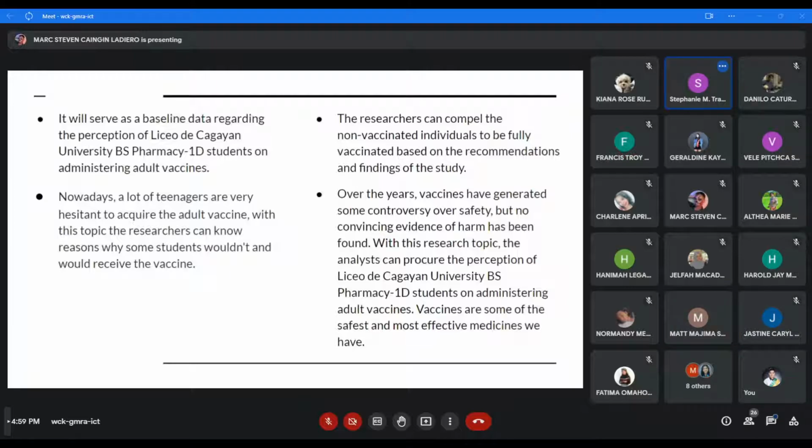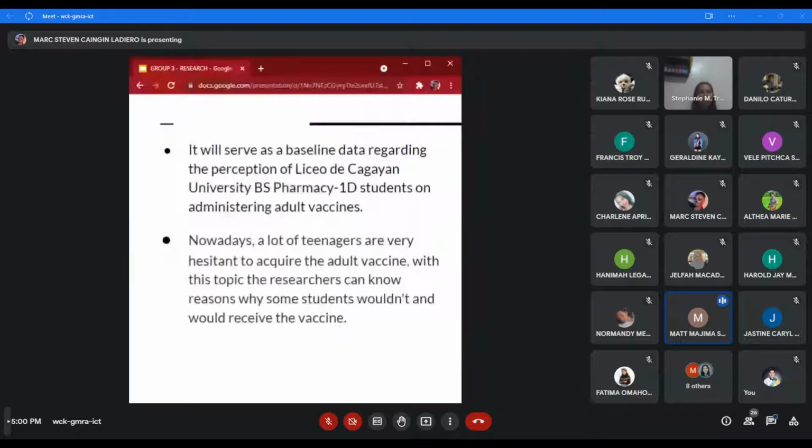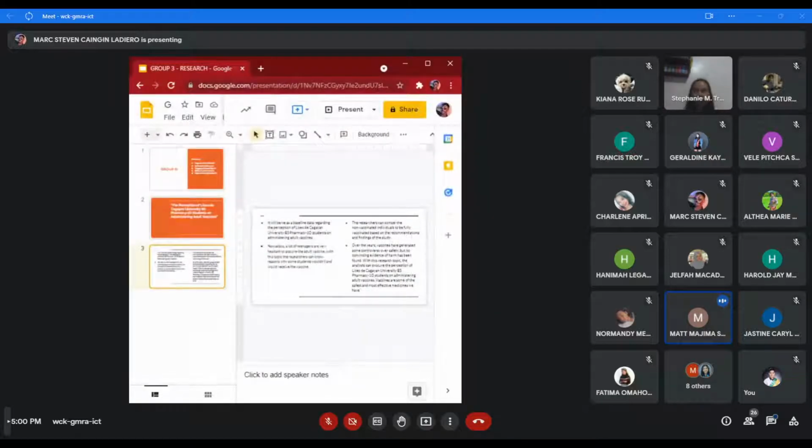How many is this? 22.4 million, about 22 million, out of 24.3 million, ma'am. Out of the target population, ma'am. Adults only, right? Yes, 18 and above, ma'am. And it was announced recently that they began the rollout for 12 to 17 years old vaccination, ma'am.